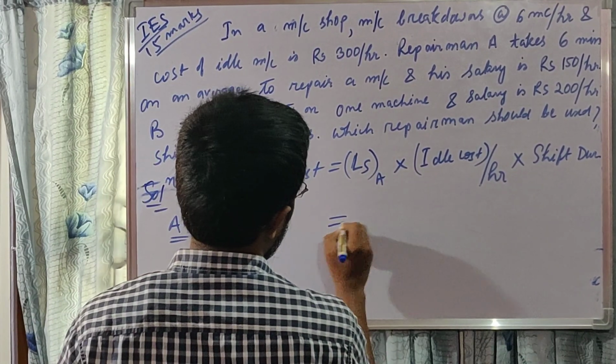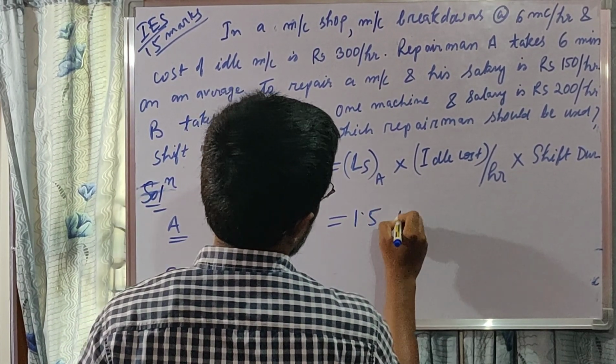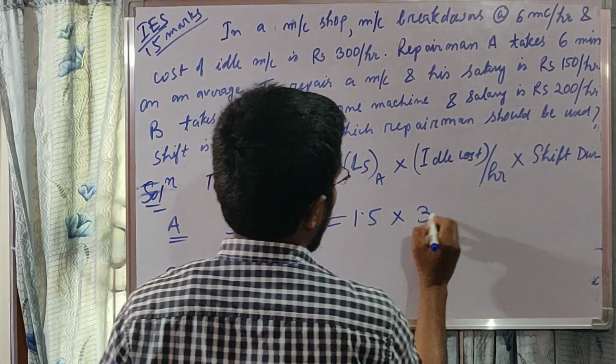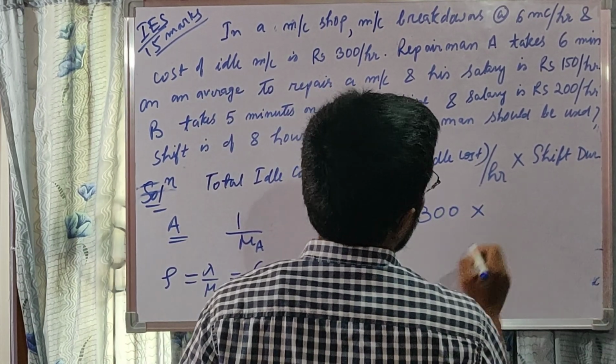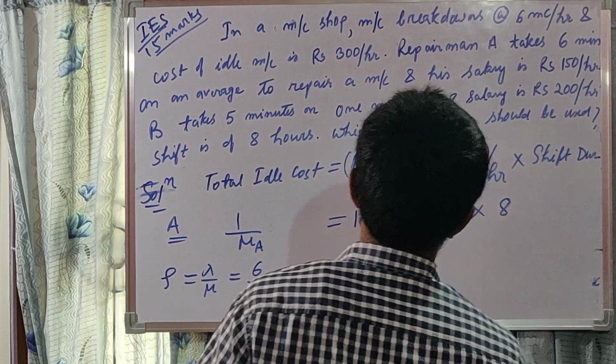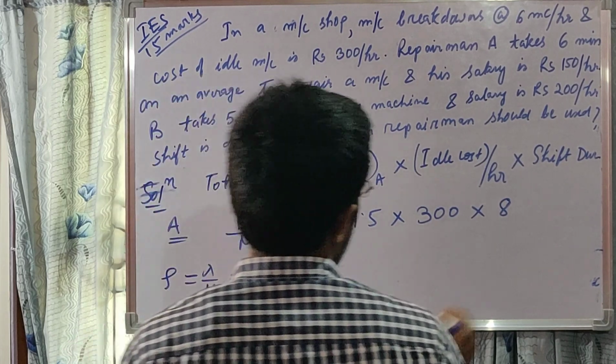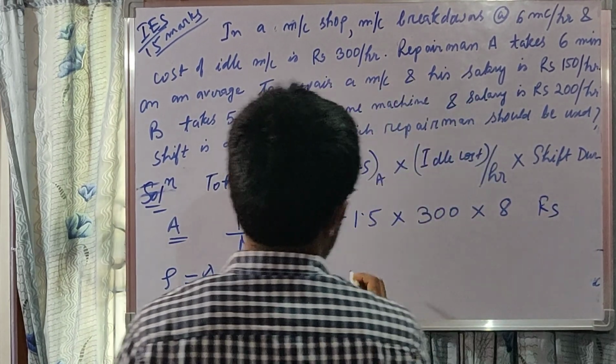What is the length of the system? 1.5. Idle cost is 300 per hour. And what is the shift duration? 8. So this much rupees.